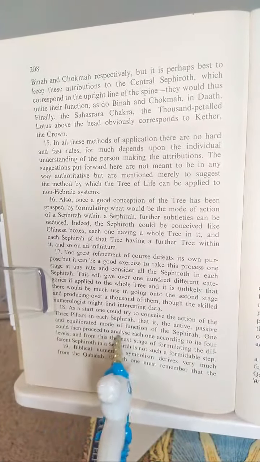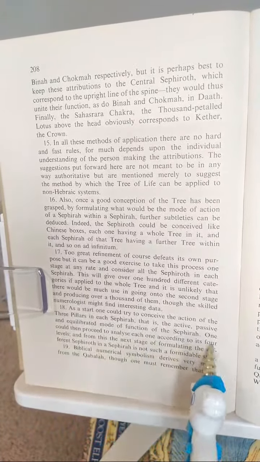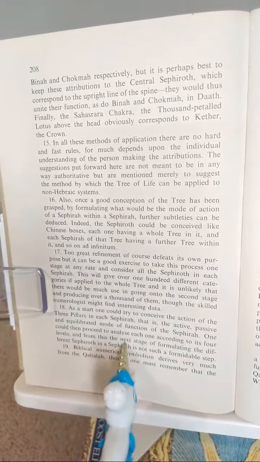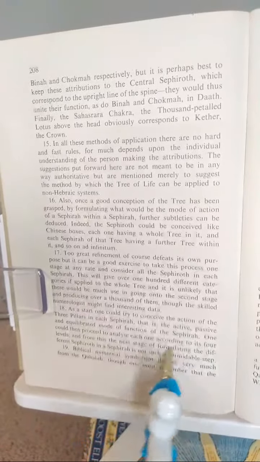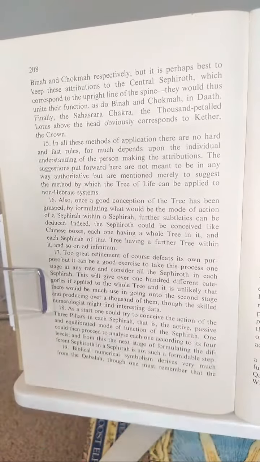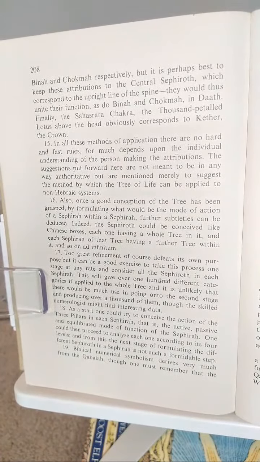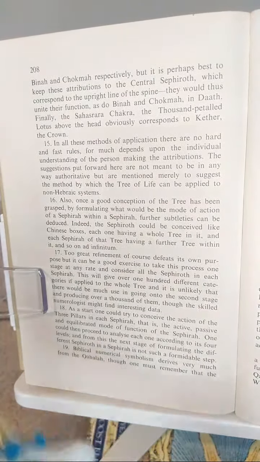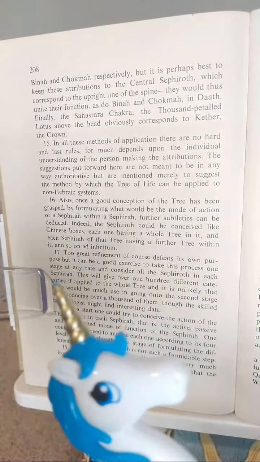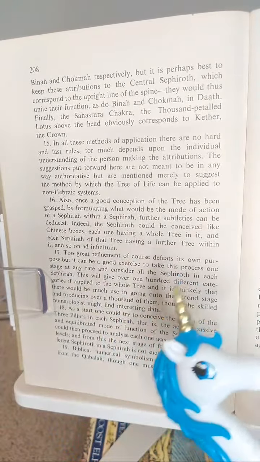One could then proceed to analyze each one according to its 4 levels. And from this the next stage of formulating the different Sephirah in a Sephirah is not such a formidable step. So in other words, what he's saying here is if you do want to get more refined, like say for instance, you do memorize the context of the 10 spheres, right?